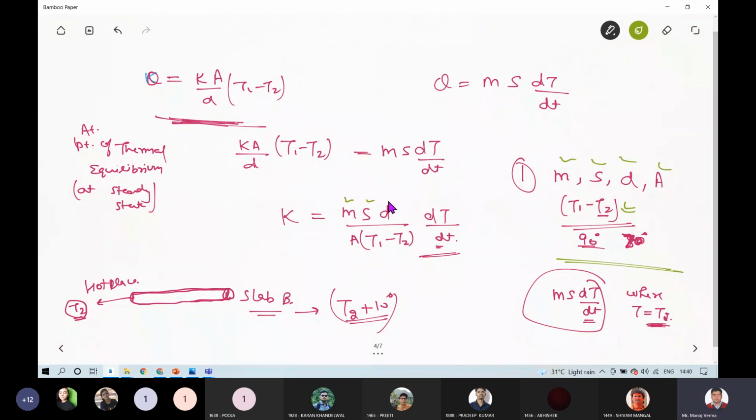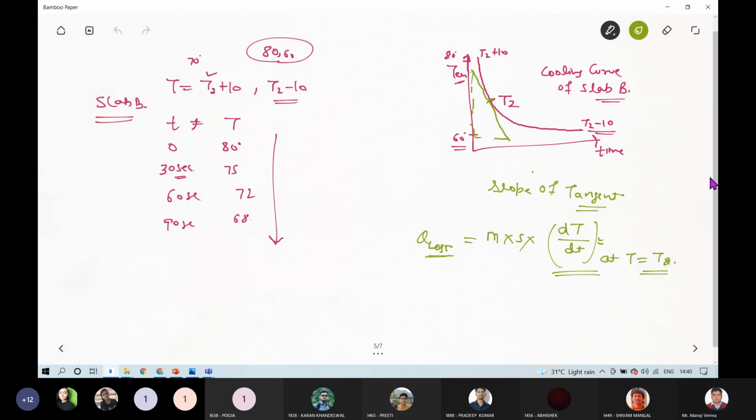We have M, we have S, we have D, we have A, we have T1 minus T2 at equilibrium, and we have the dT by dt value of this slab B, which is the indicator of heat dissipation. And after inserting all the observed values of these parameters, we can easily find the value of K. In this particular case, your value of K for cardboard generally lies in the range of 10 raised to the power minus 4.